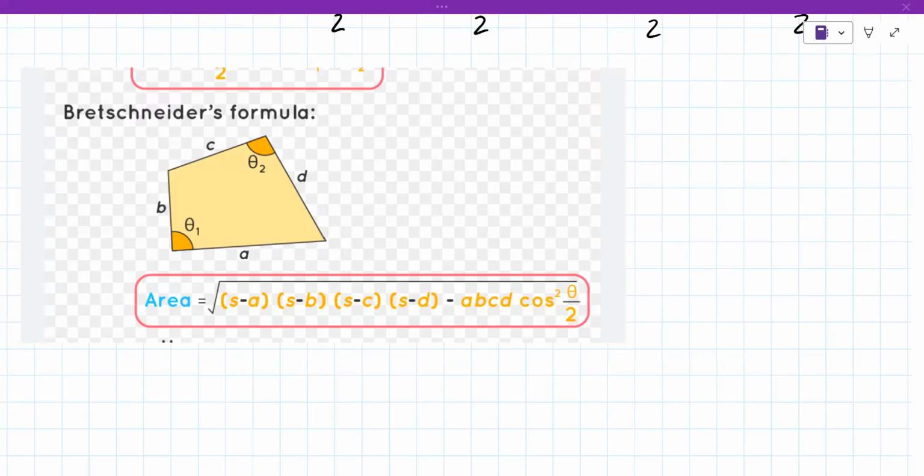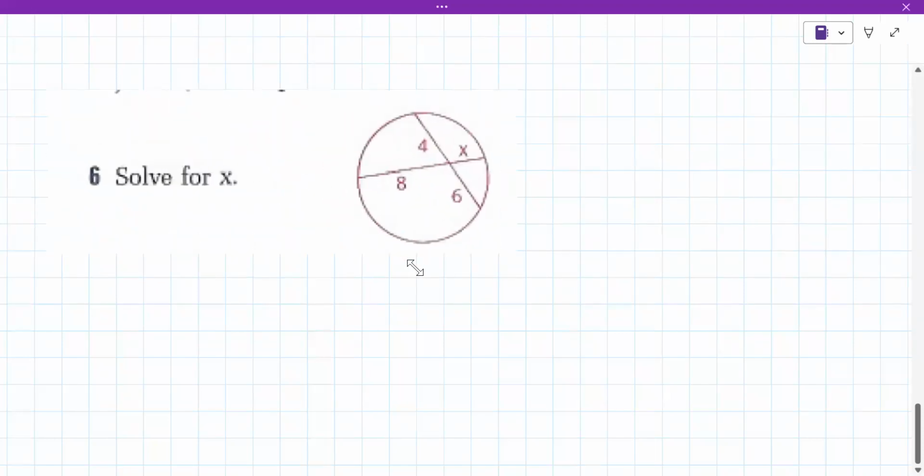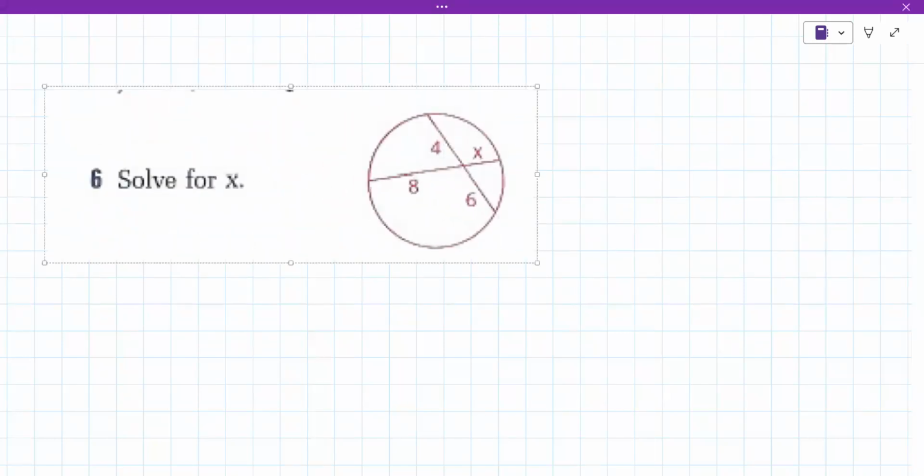Actually, it looks like we just grabbed that one. Okay, let me see. Have you done a problem like this? Yes. Or have you already done this one? Yeah, you already did it. Okay. That was on that review. Let's go to the other one. That seemed to have more problems on it.